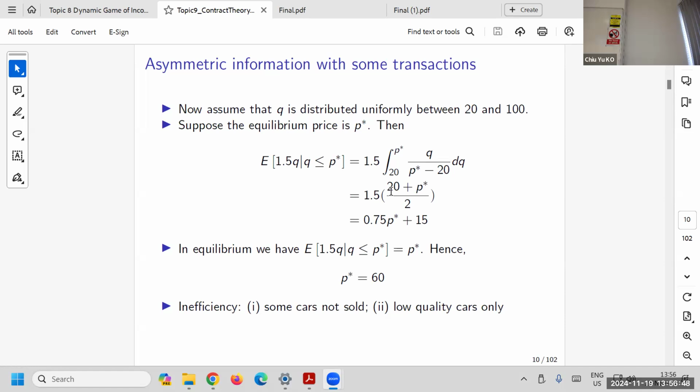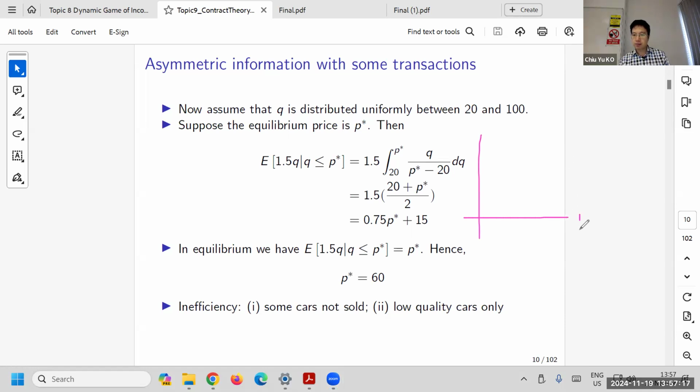Okay. So now if you do the same procedure, but now with uniform between 20 and 100, it will be P star minus 20, because the uniform is like this. Let me draw a picture, but I guess you guys are PhD, shouldn't be an issue, right?